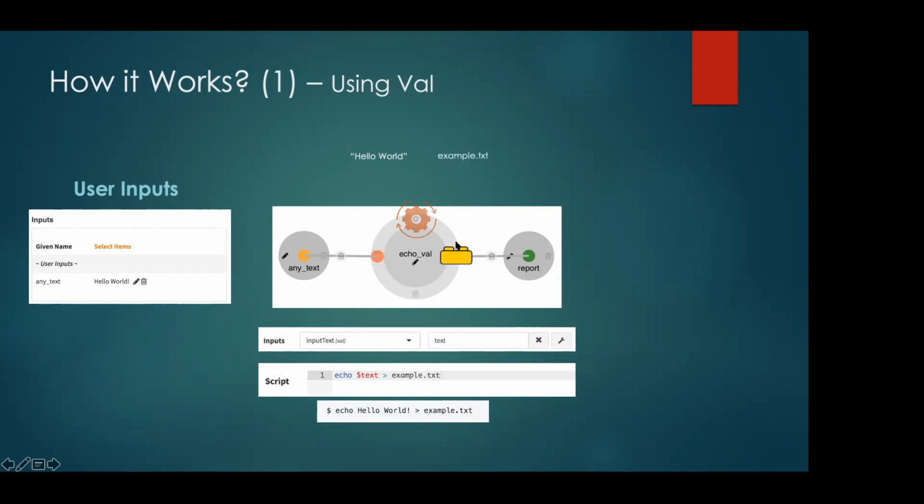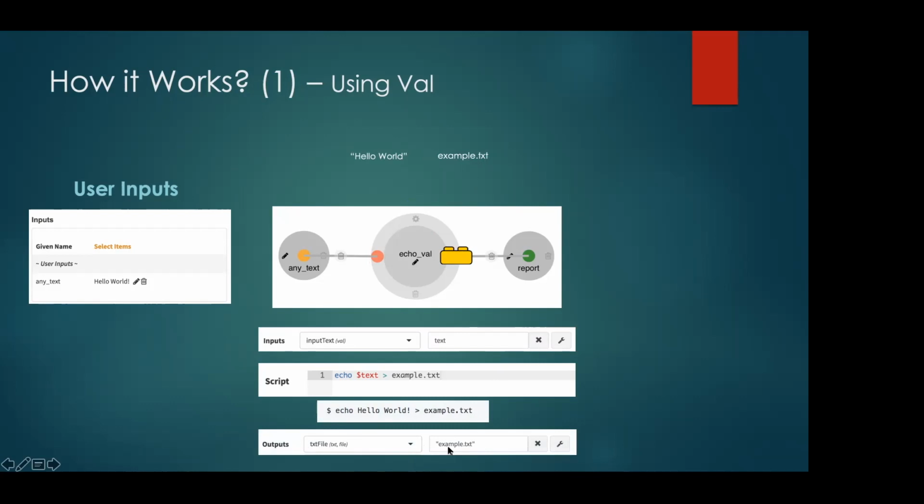And now, since we created this example.txt, we just want to publish this file. And as an output file, I'm going to choose this txt file format as an output. And right now over here, I need to specify the file name with a kind of pattern.